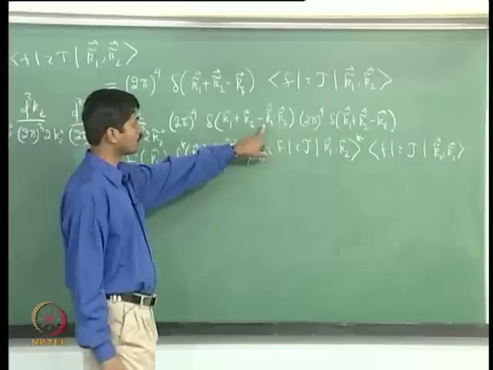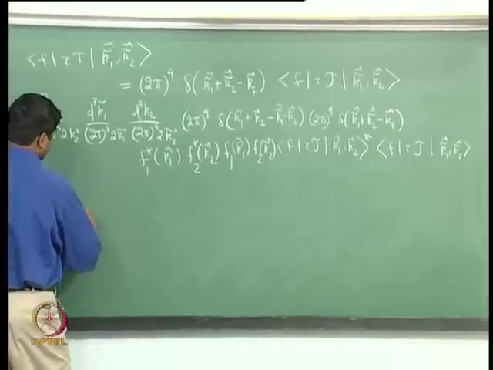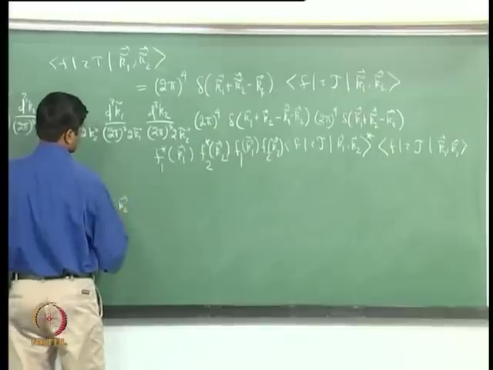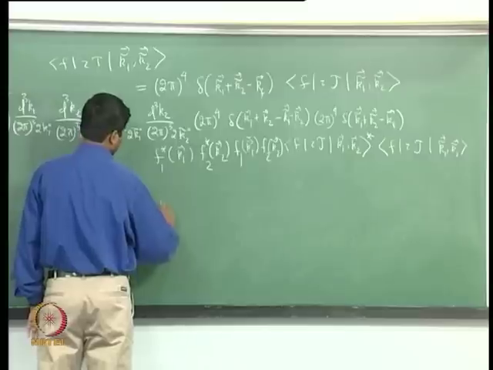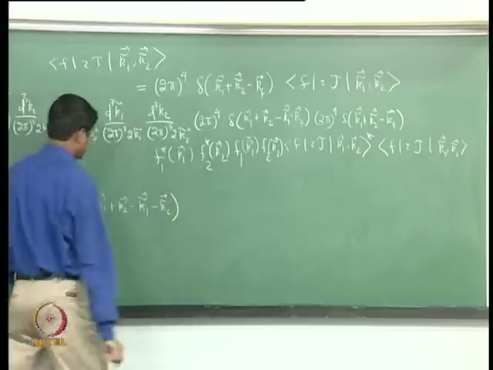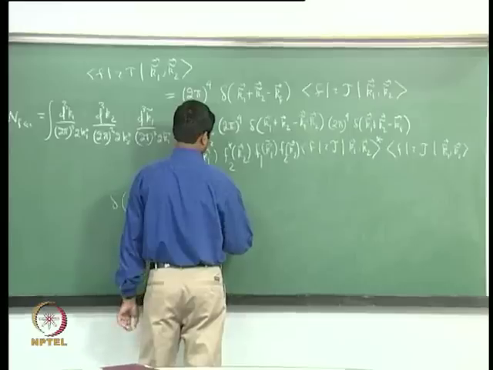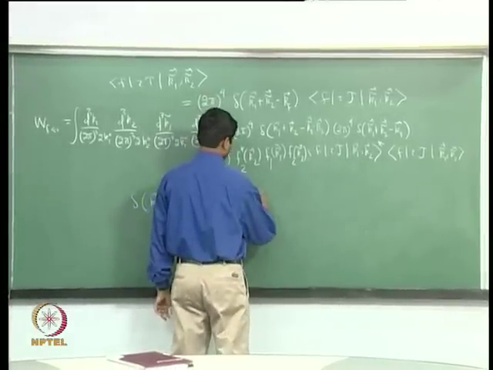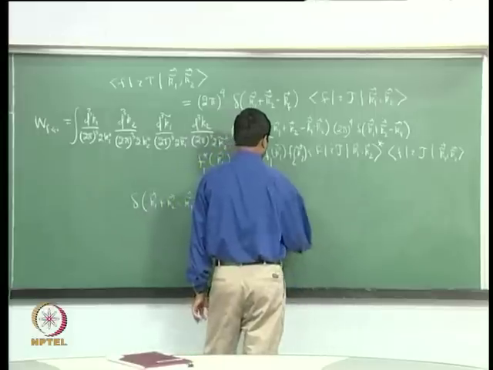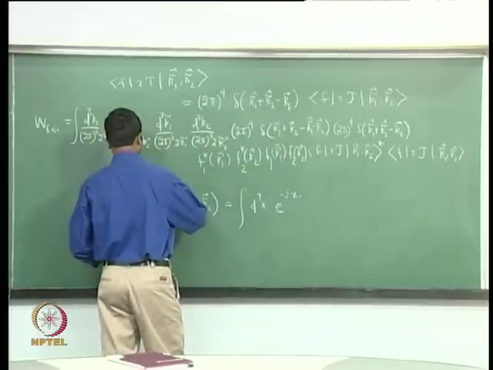Now I can consider this term, and I can write delta of k1 plus k2 minus k1 tilde minus k2 tilde as, if you consider the 4-dimensional delta function.